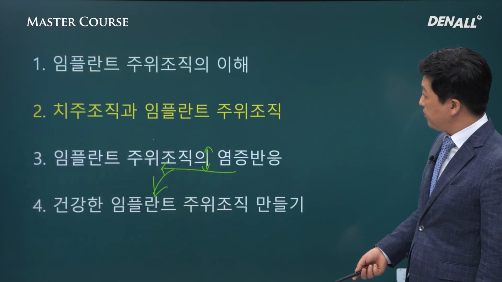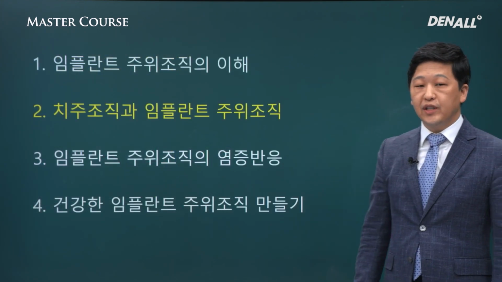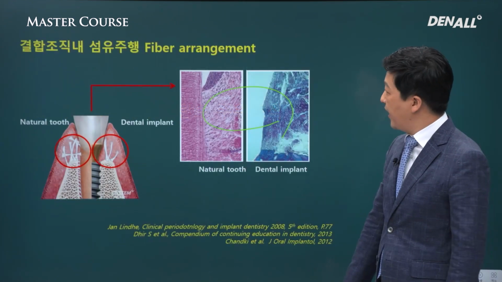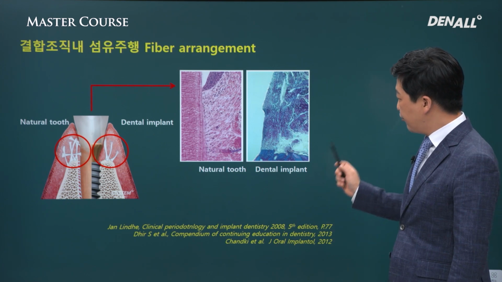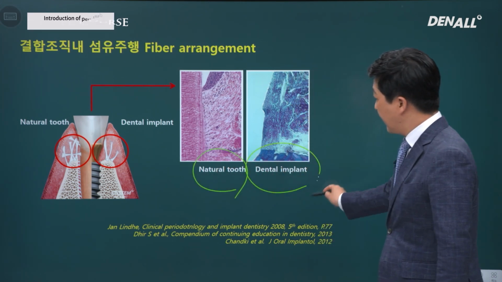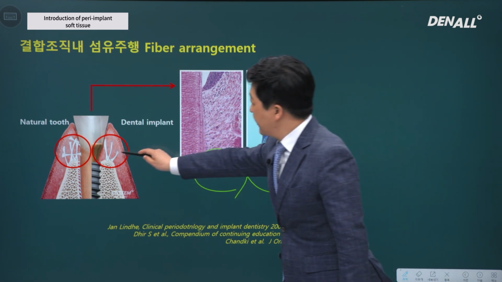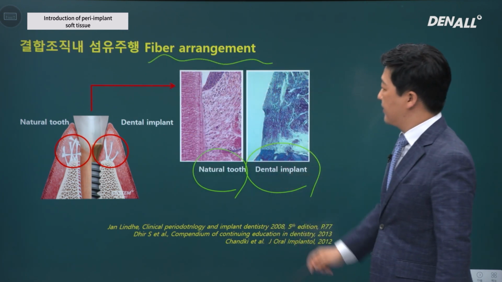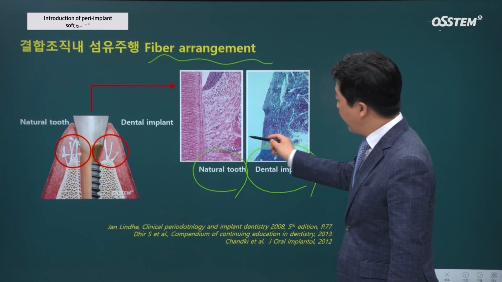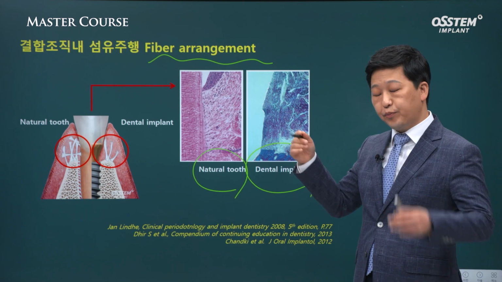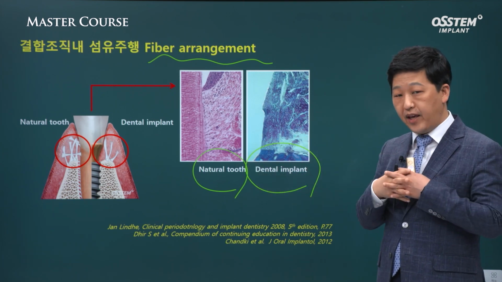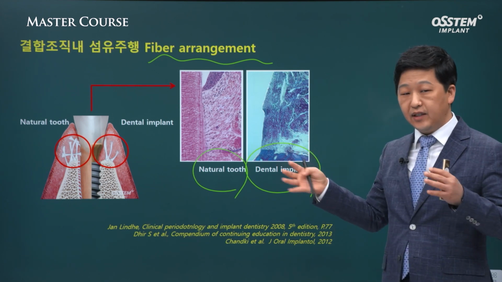Second, what is different between natural periodontal tissue and peri-implant tissue? The biggest difference between natural tooth and dental implant is fiber arrangement. In the case of natural tooth, vertically, horizontally, and transversally, the fibers are entangled with each other.